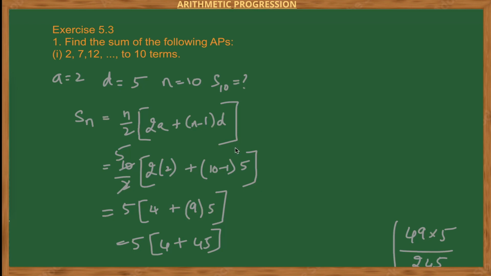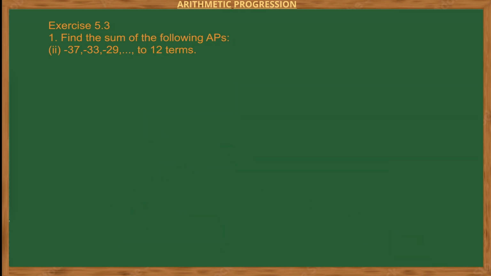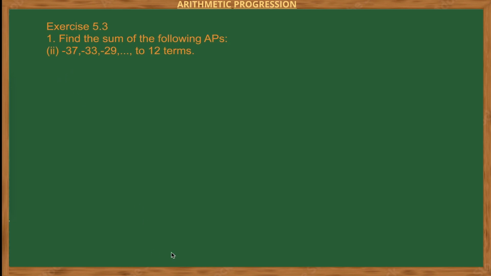Let's solve some more problems so we get more confidence in finding the sum of the n terms. Let's move to the next question. Here we have to find the sum of the AP. A is given as minus 37.